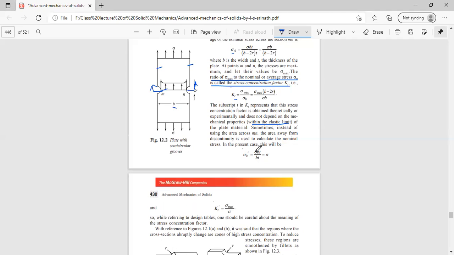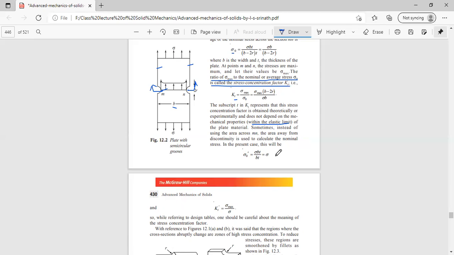We are multiplying sigma, the stress induced in the member, by b, the width, and t, the thickness. That means bt is the area of any cross-section, and we divide by again the cross-sectional bt, the area at places other than the section MN. Thus the nominal or average stress sigma dash 0 is equal to sigma itself.